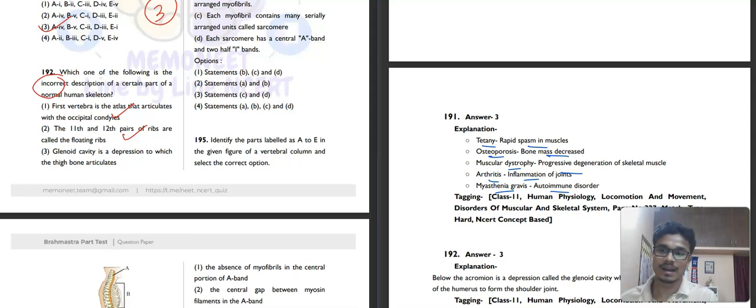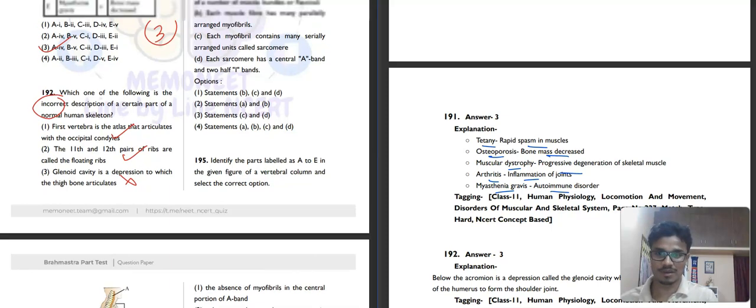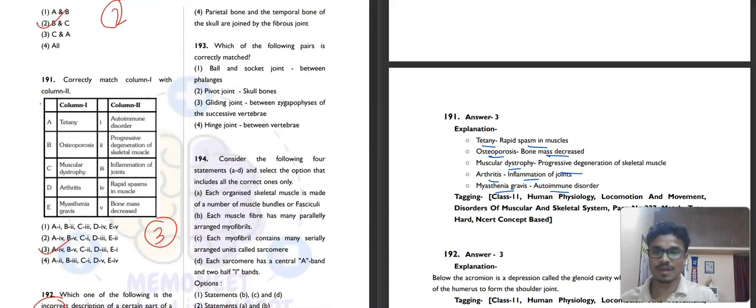Correct. Glenoid cavity is a depression in which the thigh bone articulates. No. Glenoid cavity is present here. The glenoid cavity articulates with the head of the humerus, not the femur. Okay. Then the parietal bone and the temporal bone of the skull are joined by a fibrous joint. Correct. So the correct answer will be option number 3 for this question.